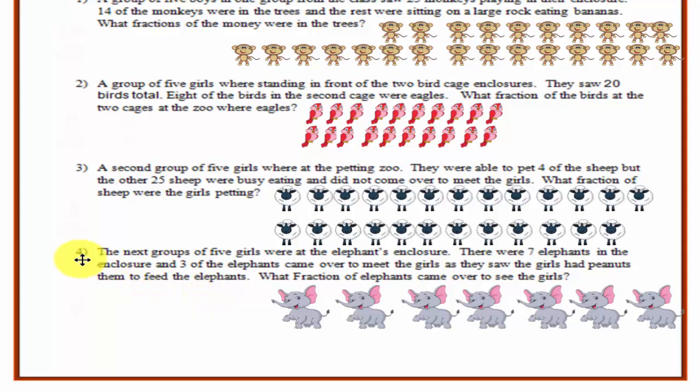And the last one, number 4, the next group of 5 girls were at the elephant enclosure. There were 7 elephants in the enclosure, and 3 of the elephants came over to meet the girls as they saw the girls had peanuts to feed the elephants. What fraction of elephants came over to see the girls?